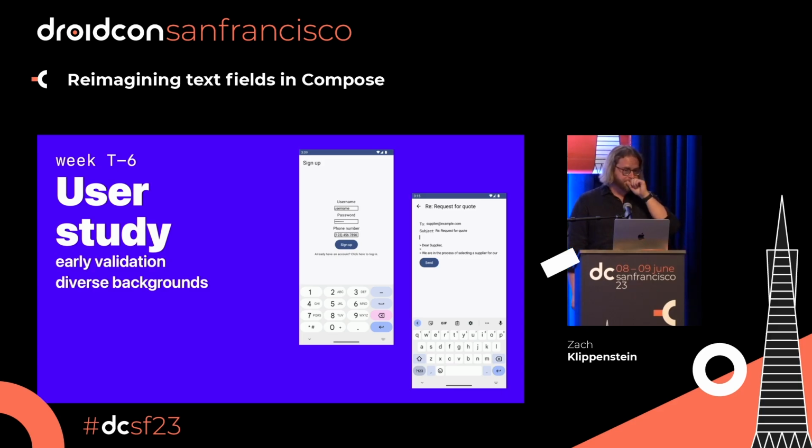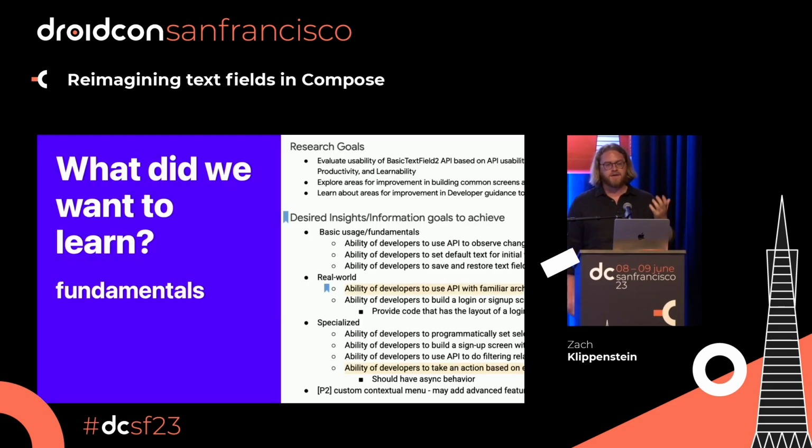So we started by looking at what we actually wanted to learn. We wanted to make sure that the API was somewhat easy to grok initially, that the concepts for various features made sense together, and that it was flexible enough to do some interesting things with it, and that people could figure out how to do that stuff just by using the API and some docs.